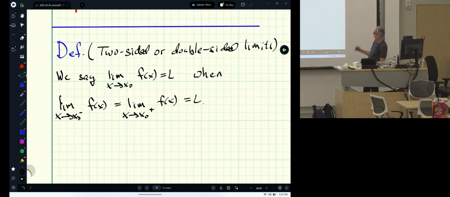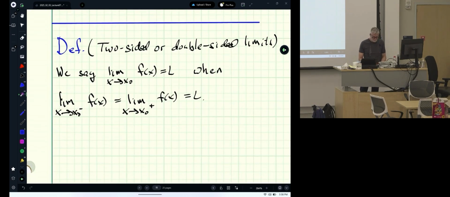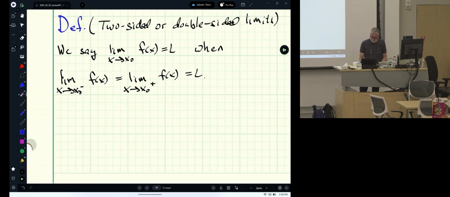So instead of having to write down that the left limit and the right limit both exist and agree to something, you can simply talk about the limit as x approaches x0, and that means from the left and the right. Okay.